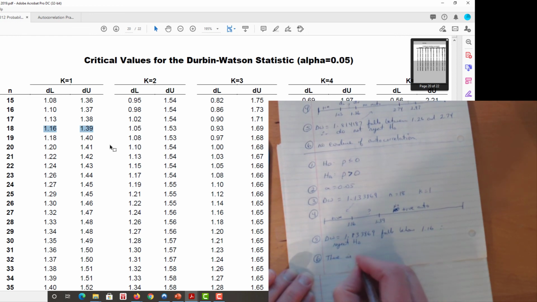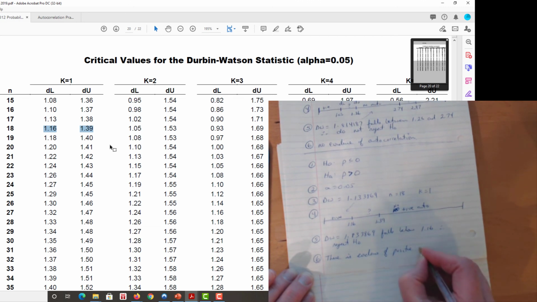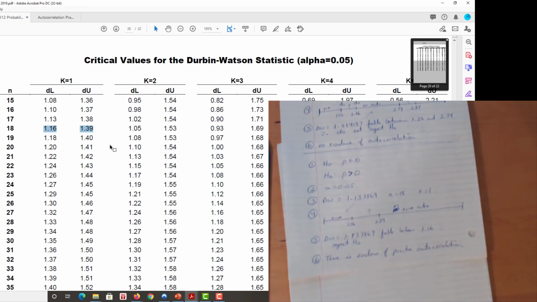There is evidence of positive autocorrelation. And that's wrapping it up, right? We got that positive autocorrelation in that particular case. Okay, and that is that.